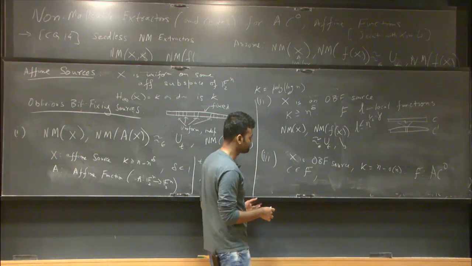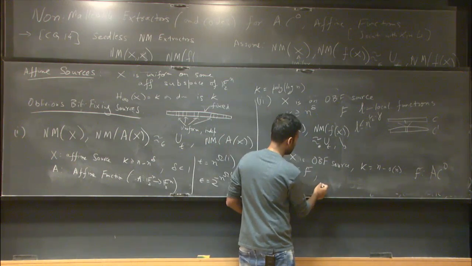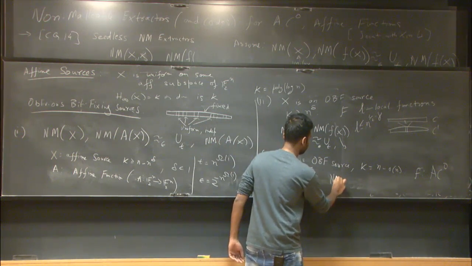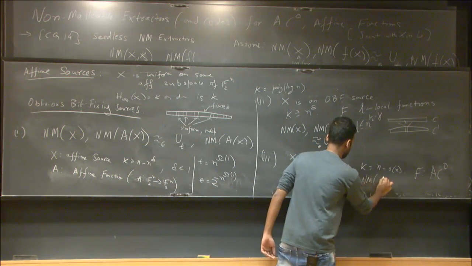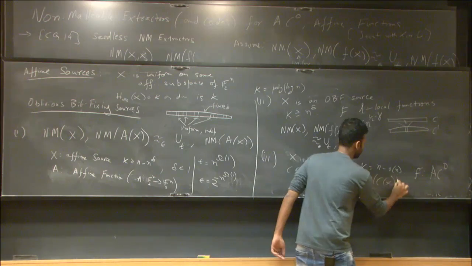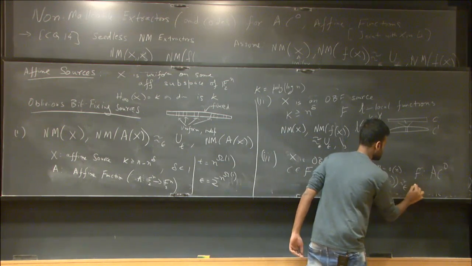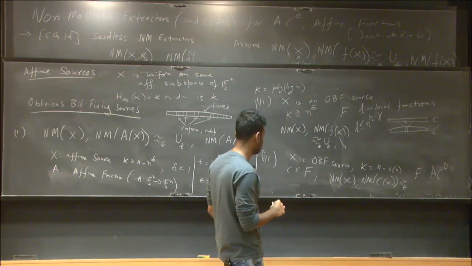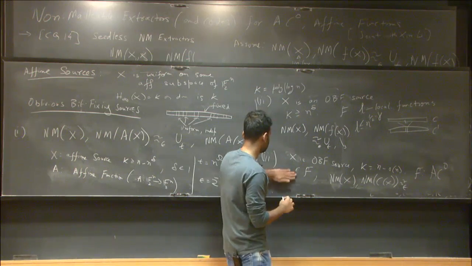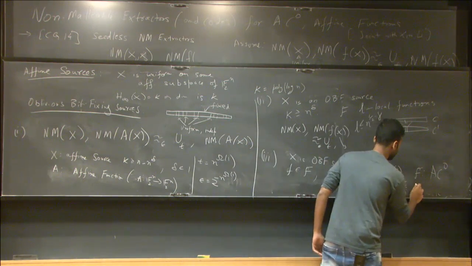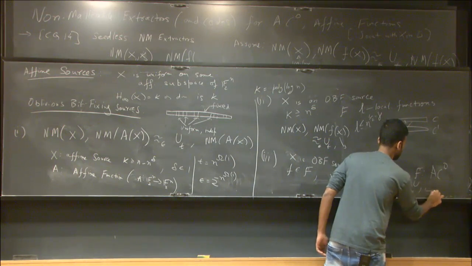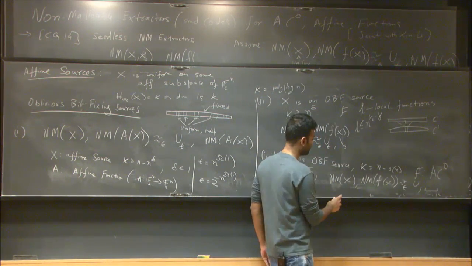So for any C in F, you get this: epsilon close to uniform. But here the error is worse.